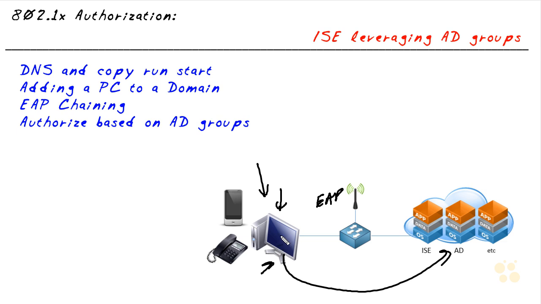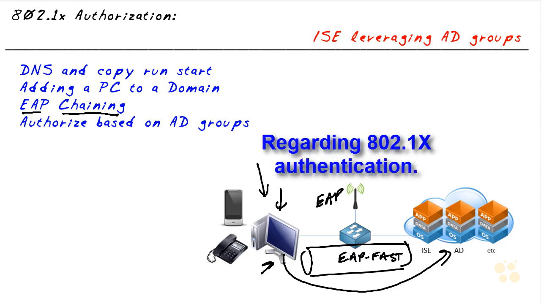And instead of having two separate sessions to handle that, we can use the concept of EAP chaining, which we mentioned a couple videos ago, or we can set up one outside tunnel, like with EAP-FAST. And using that one outside tunnel, we can authenticate both the computer and the user.